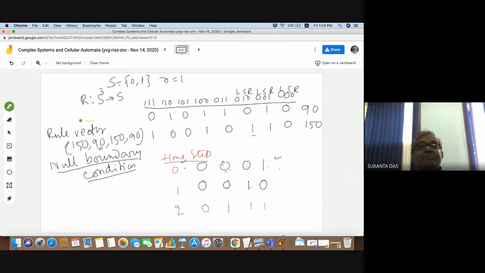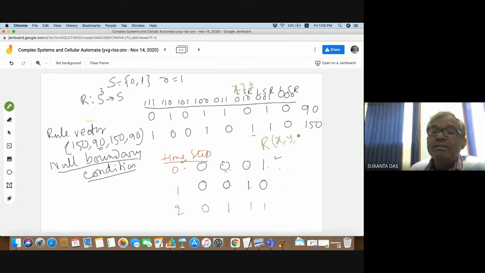So here I'm considering L as X, S as Y, R as Z. So each rule R has 3 arguments, X, Y, and Z, right? Y is the middle one, X is the left one, Z is the right one.